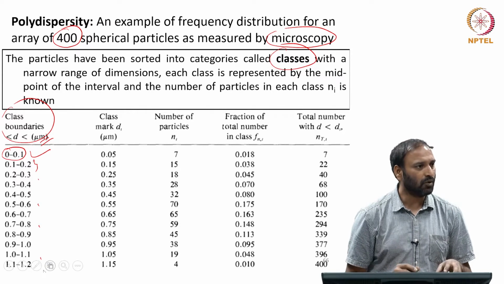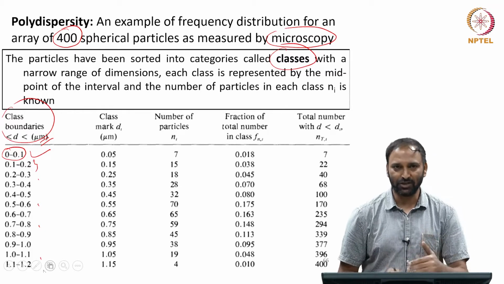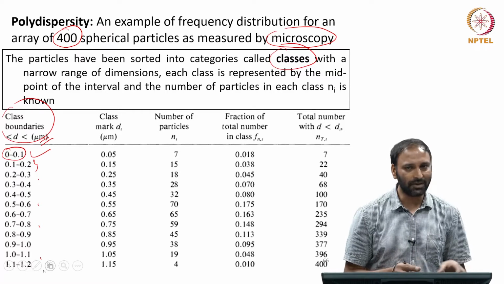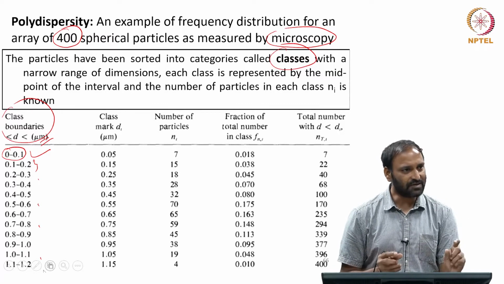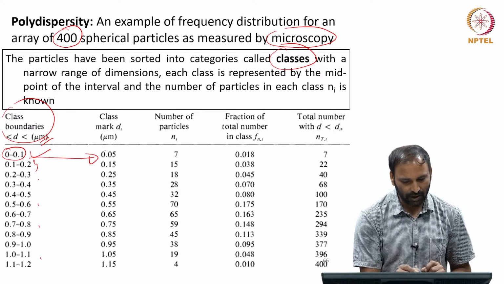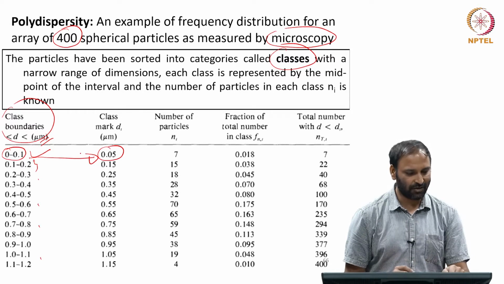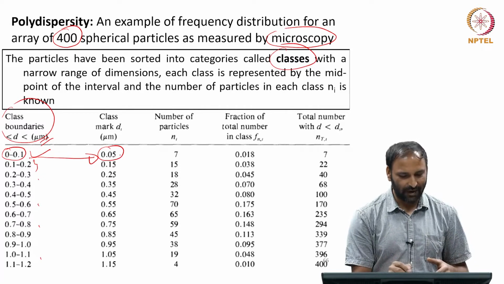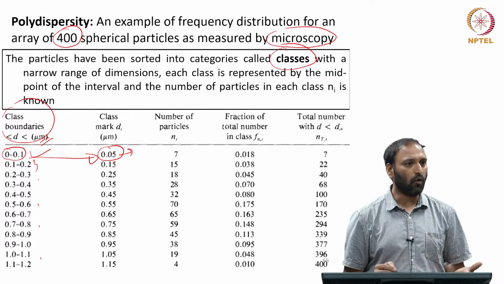Out of all the sizes that you have measured, you classify them into different bins, or different classes of some size range. Corresponding to that class or bin, you have an average size. So if your bin is 0 to 0.1, then your average size is going to be 0.05 micrometer.